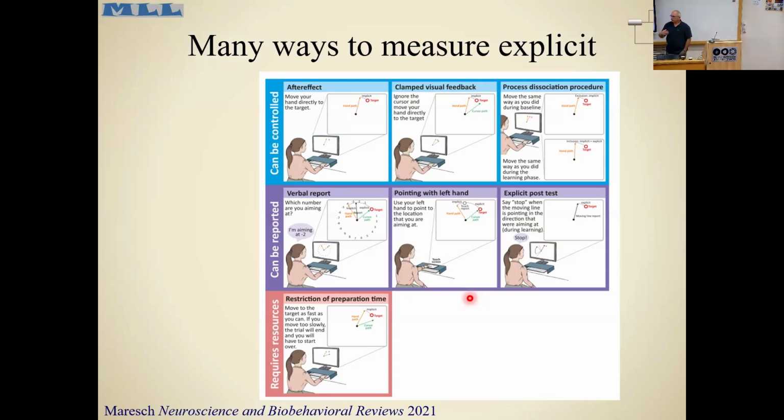In our field, we talk about the idea of there being more than one explicit process. The explicit process is not just one thing, which makes sense when you think about it, because in our brain, a bunch of stuff is going on. To bring that home, there are many ways to measure the explicit process, and if you want to read about them, go read the paper. But I'm going to give you two that are important.